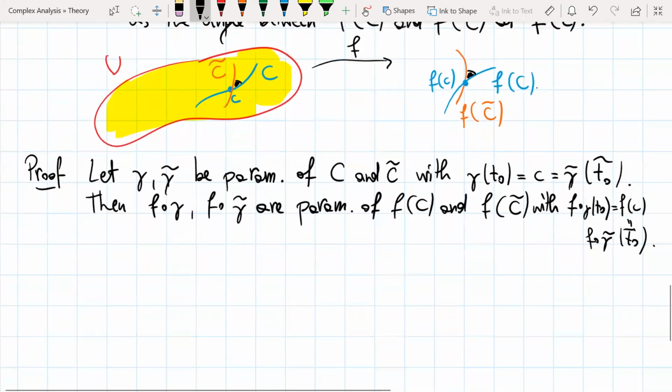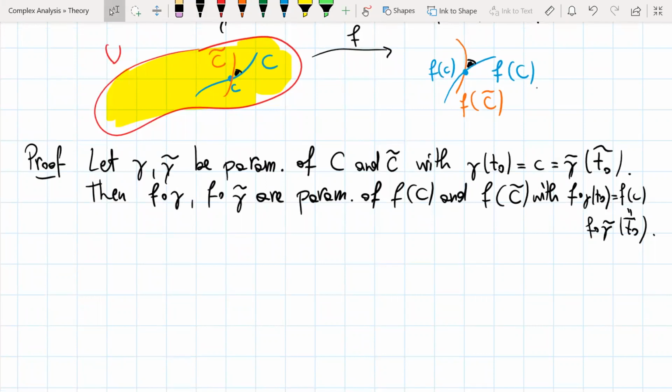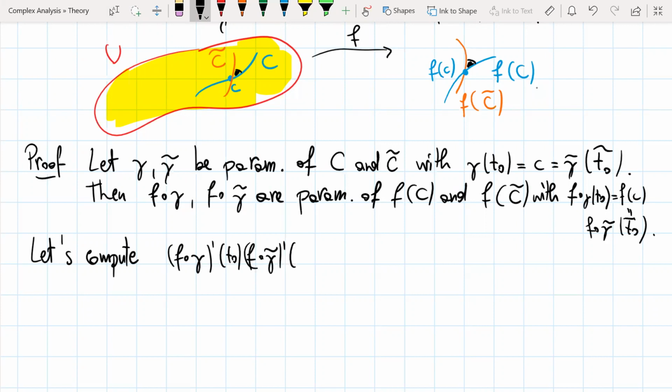So now let me compute the angle between f of C and f of C tilde at the point f of c. So what is this angle? So let's compute the angle between f of gamma prime T0 and f of gamma tilde prime at T0 tilde, the angle between these two vectors, which is by definition the angle between the two curves.